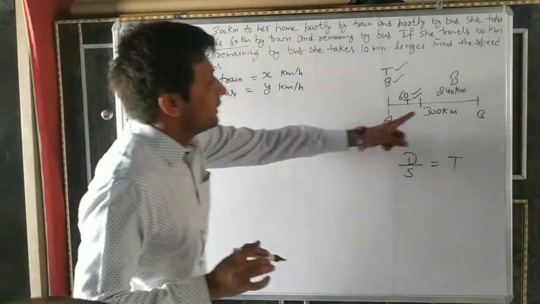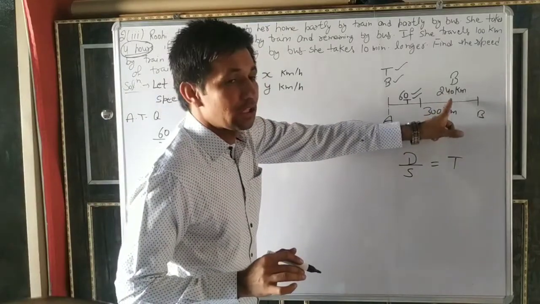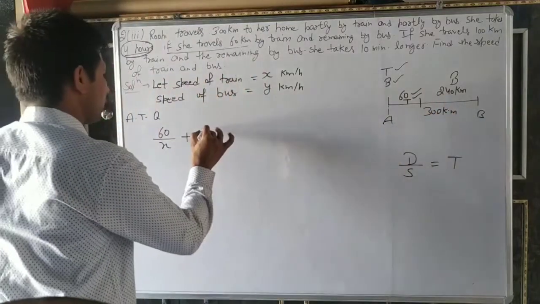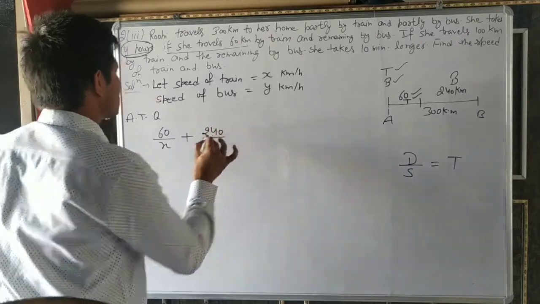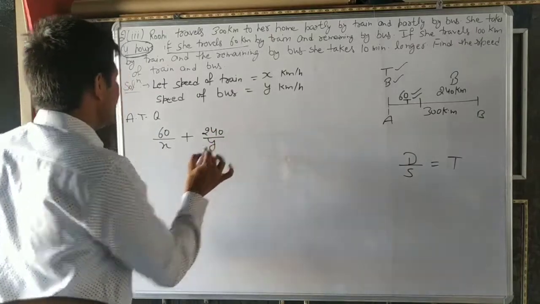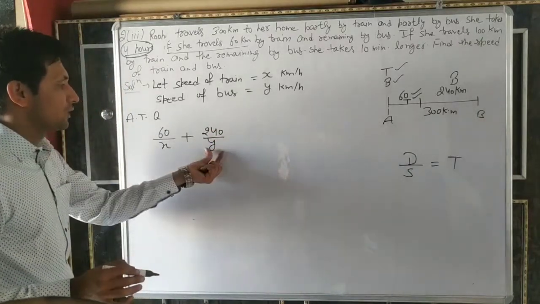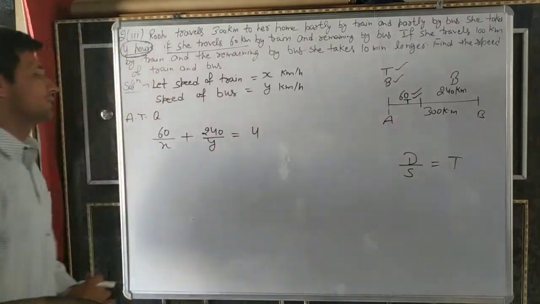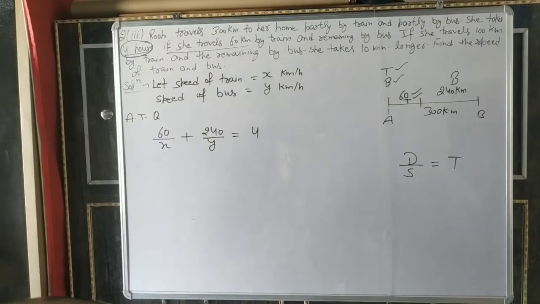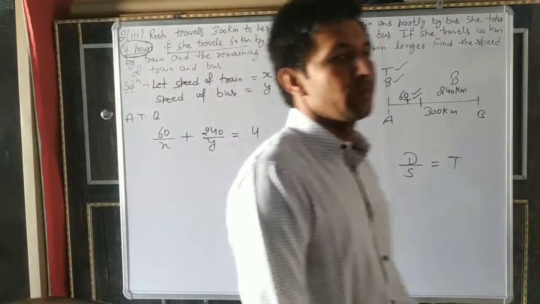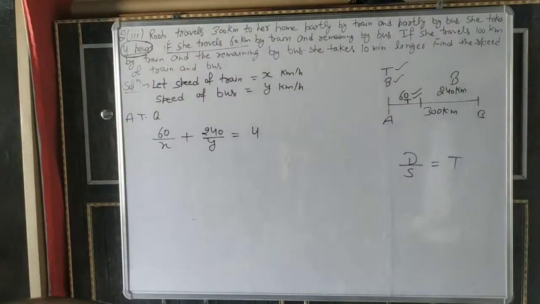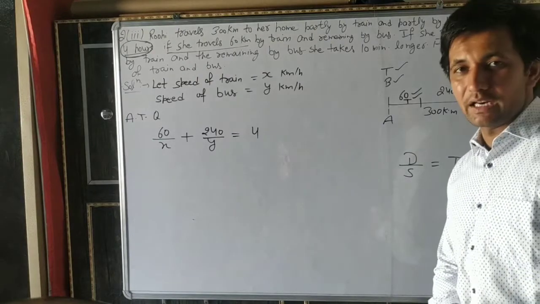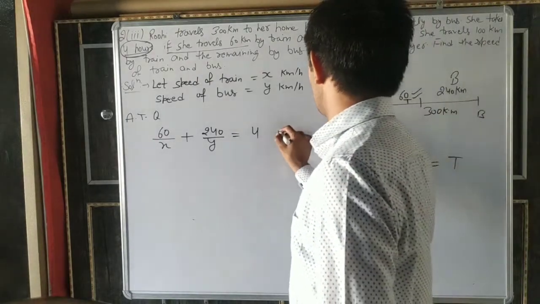Distance covered by bus? 240, and speed of bus y. It is also time. Both together make 4 hours. So this is our equation number 1. Understand dear?